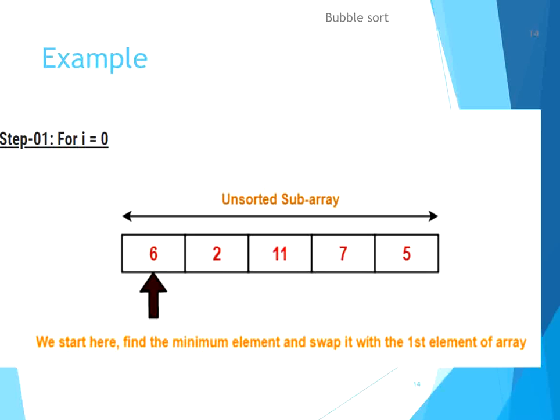Here we have one example of an unsorted array: 6, 2, 11, 7 and 5. At the first step, we have i equal to 0, like we are at the first position, 6, and we assume that this is already sorted because this is the first element.